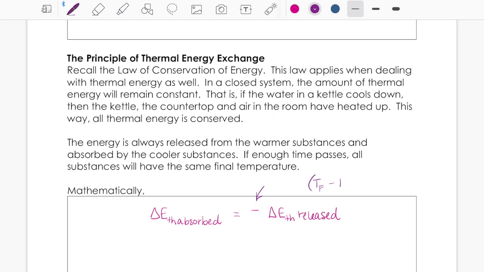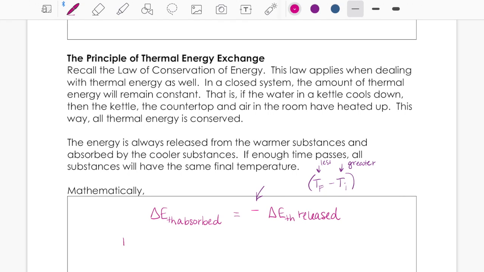So it's final temperature minus initial temperature. This is going to be less, and this one is actually going to be greater, because it's actually cooling off as it goes through.